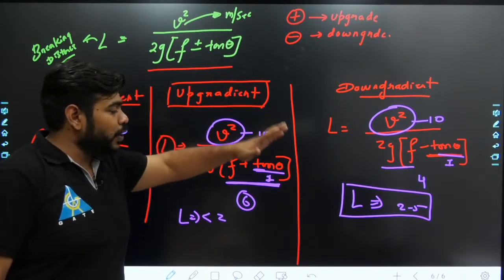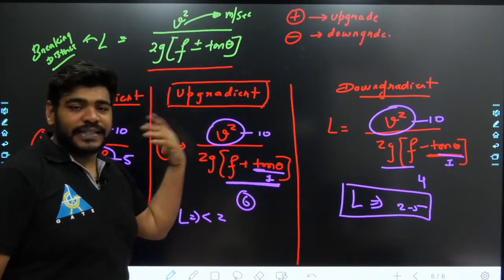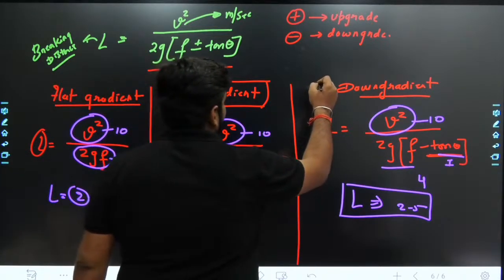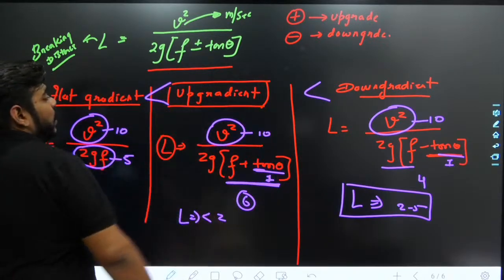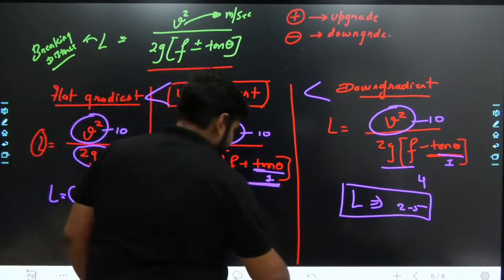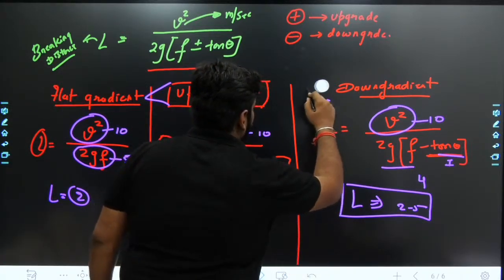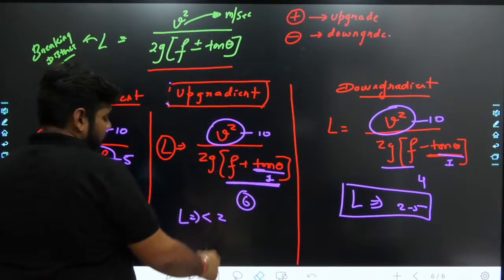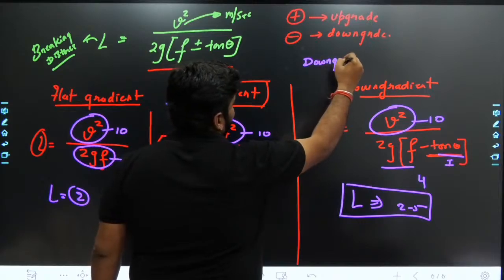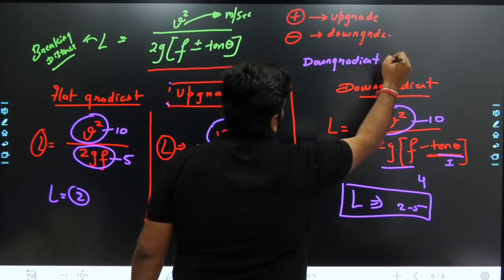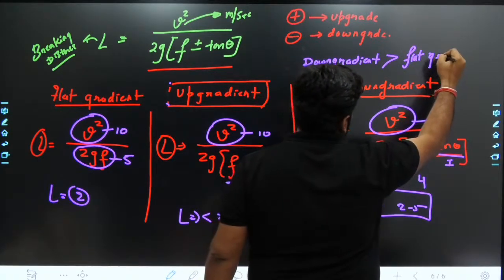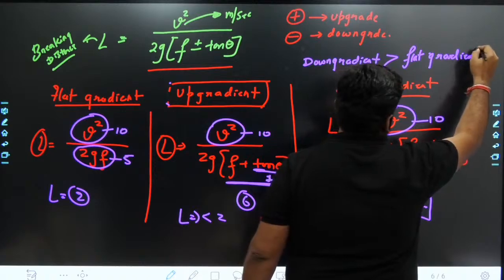If an examiner wants you to arrange this in descending order for the braking distance, your order will be: first the value for down gradient, then the value for flat gradient, and after that the value for up gradient.